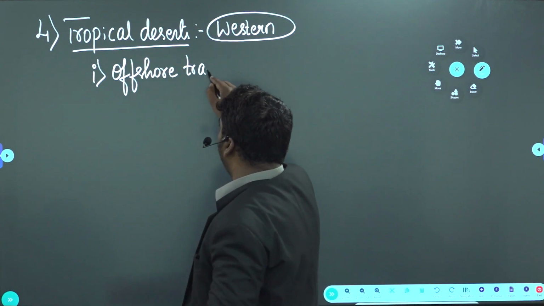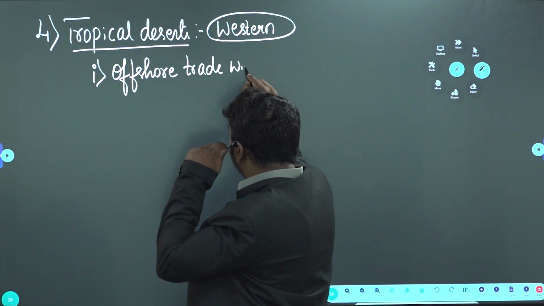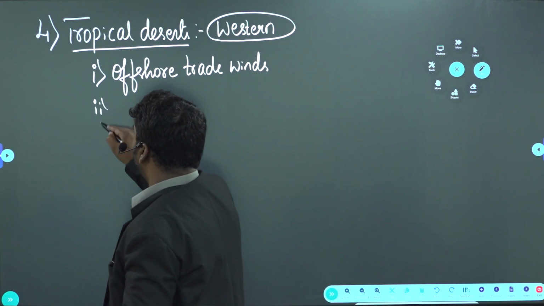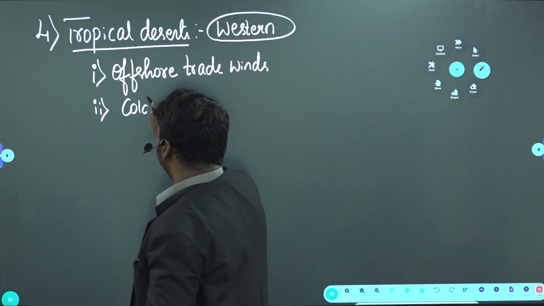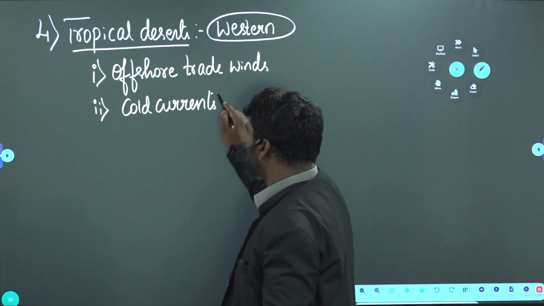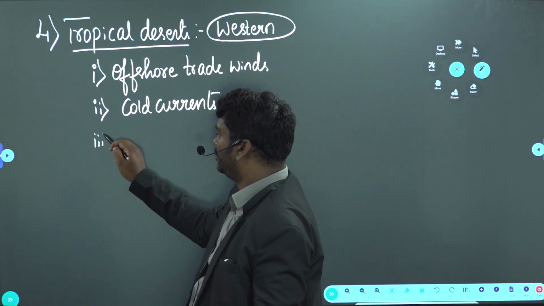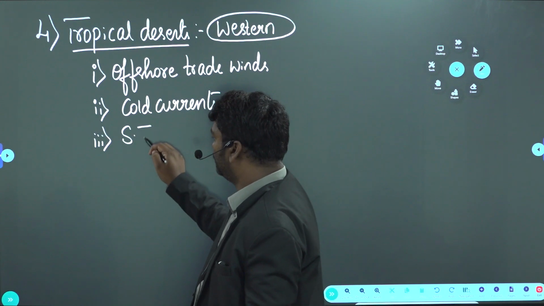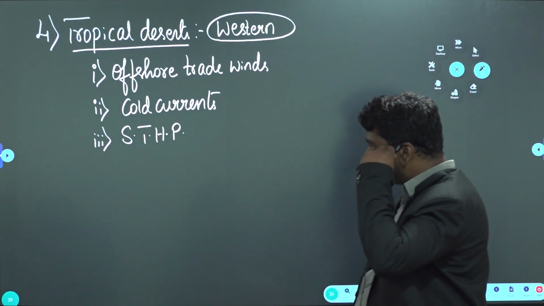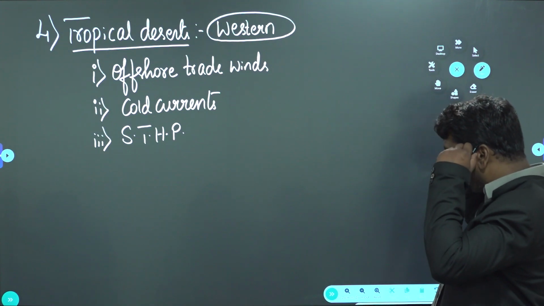Offshore trade winds, presence of cold currents, it is a region of subtropical high pressure.